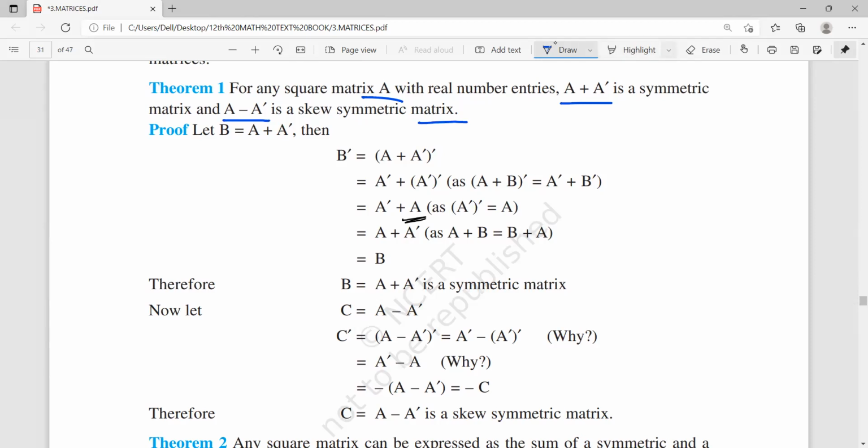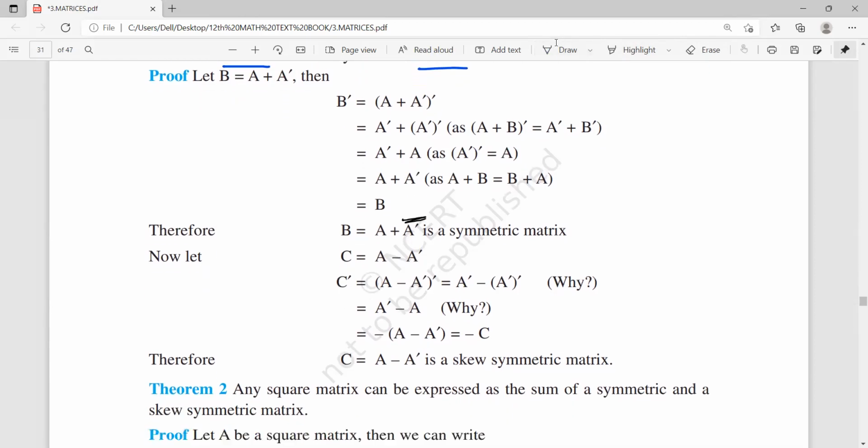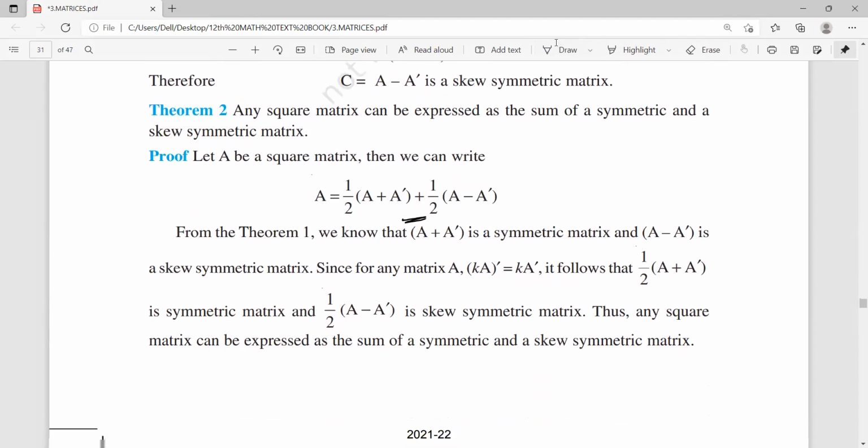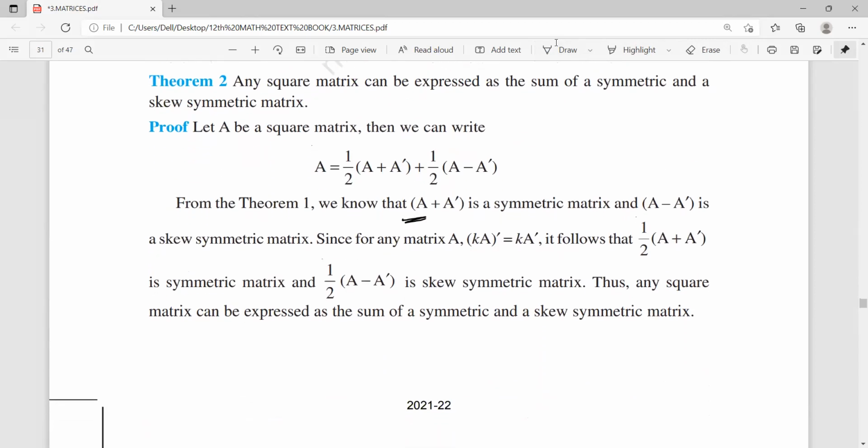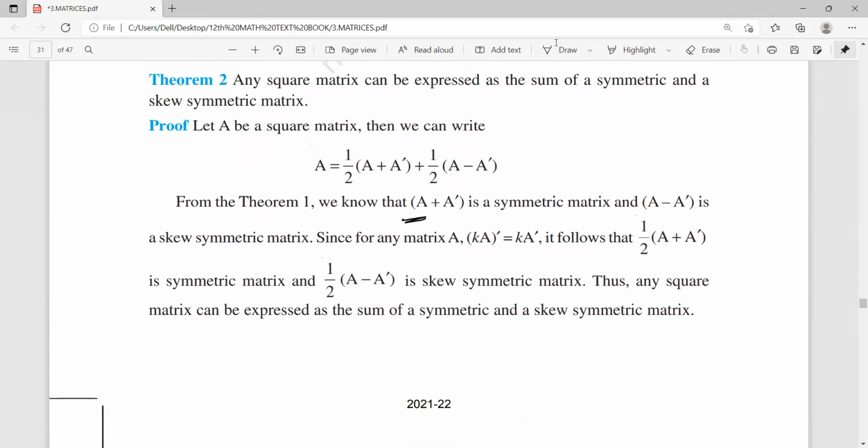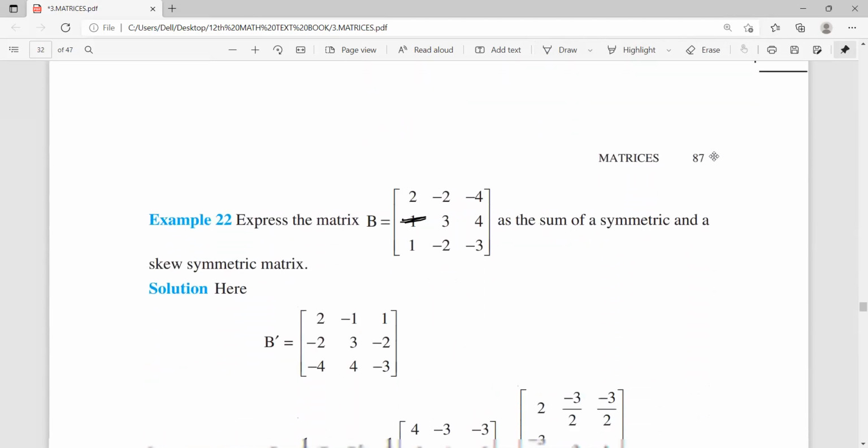That also we will prove. Any square matrix can be expressed as a sum of a symmetric and a skew symmetric matrix.